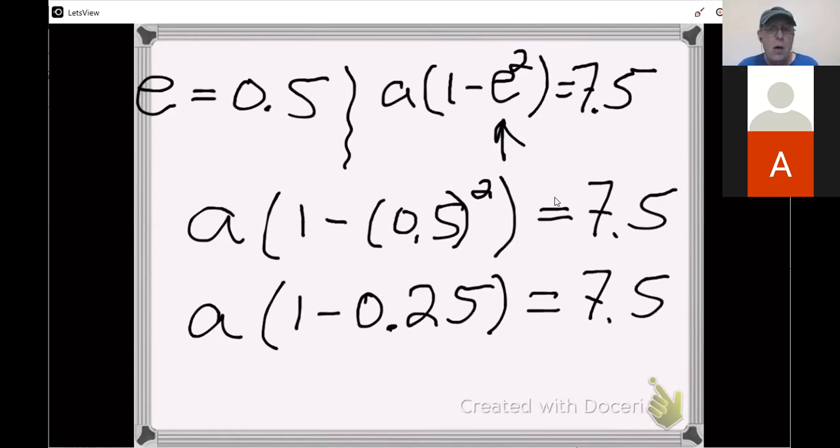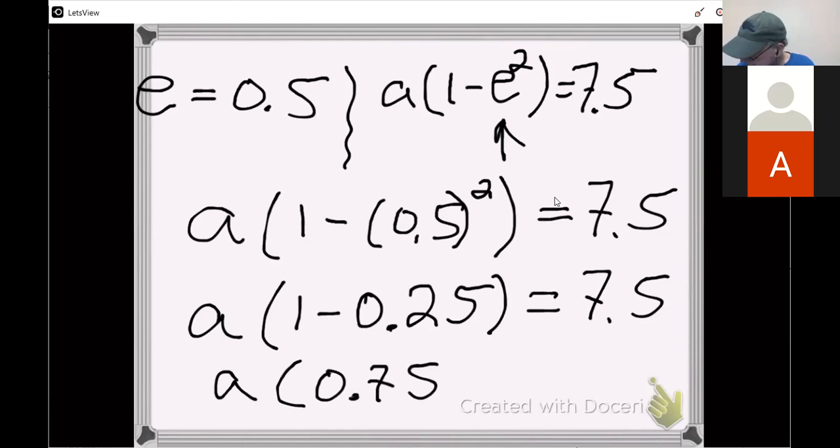And then what's 100 minus 25? 75. Yeah, so what's 1 minus 0.25? It's going to be 0.75. So we get A times 0.75 is equal to 7.5. All right so far?